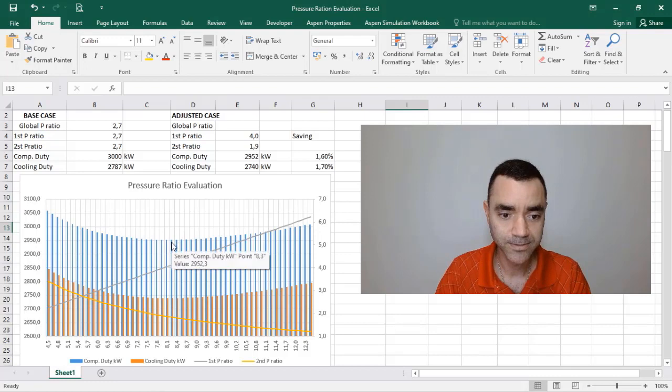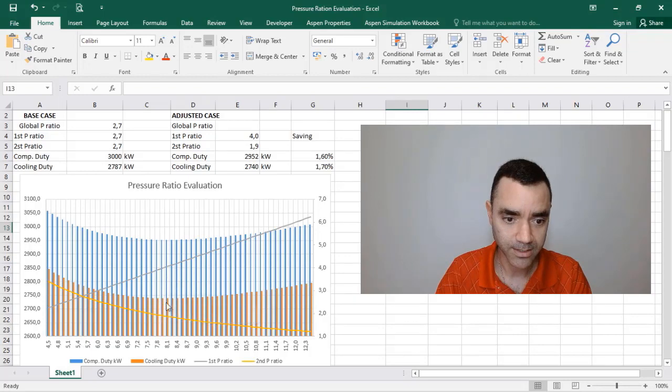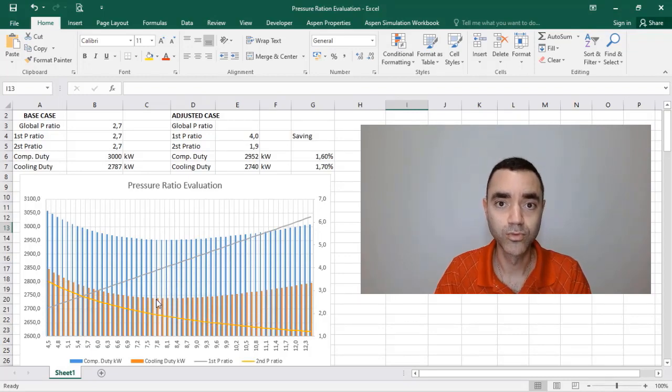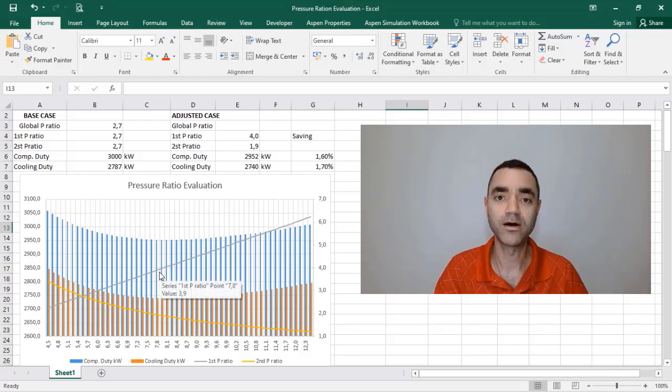So based on that, I have also the information of the heat duty. So I can see here that for this point, I have the lowest power consumption in terms of heat also. So it means that instead of choosing the same pressure ratio for both stages of compression, in terms of energy it makes much more sense to have a differentiation between them.